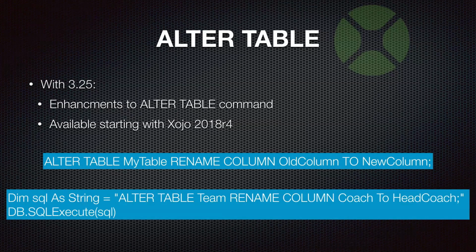And then in Xojo, you would use it just like you send any other data definition command. You would assign the command to a string variable, and then you would call the SQL execute method to send it off to the database that you're connected to.